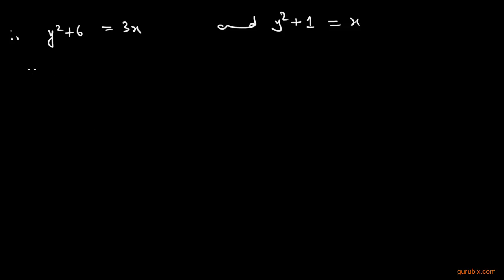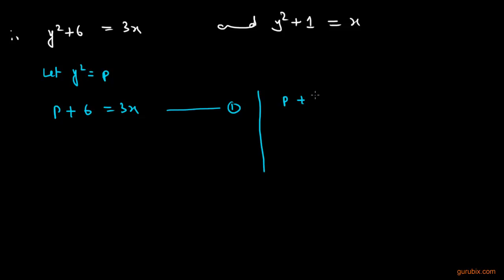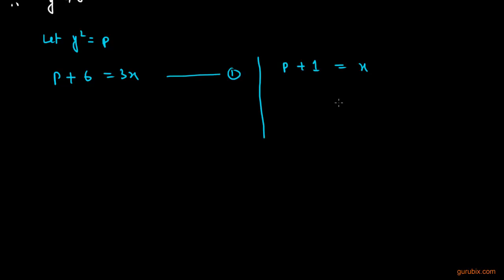First of all, we shall let y² = p. Then this becomes p + 6 = 3x. We let this be equation number 1, and here will be p + 1 = x. We let this be equation number 2.